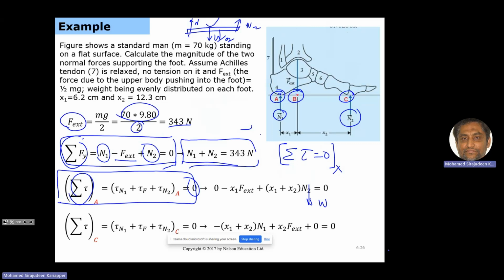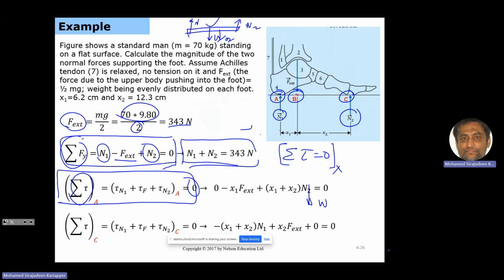So the wise thing to do is to choose such that you end up with only one unknown. For example, if I choose B, N1 will have a torque, N2 will also have a torque. They are the unknowns. F external is anyway known, so it is not to our advantage. So either you choose A or C.